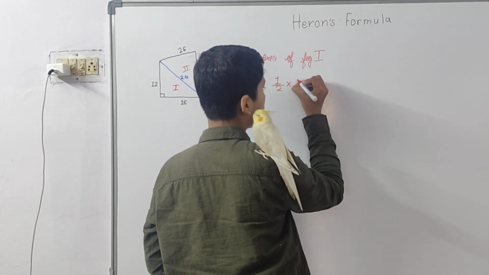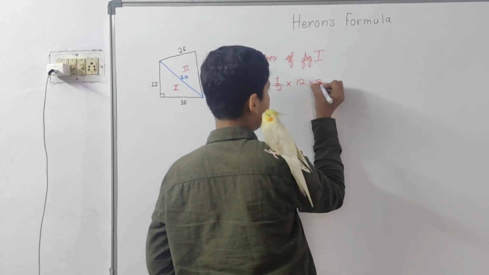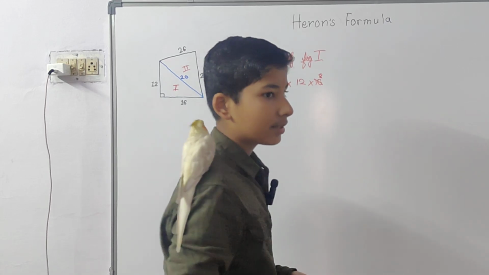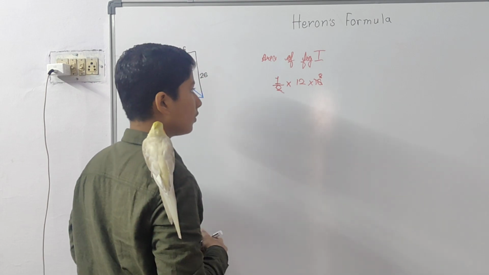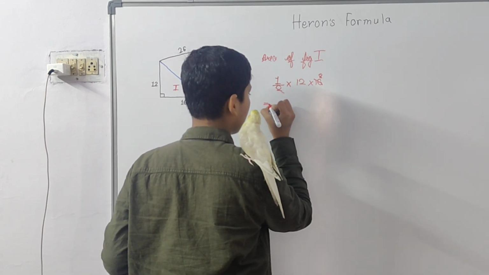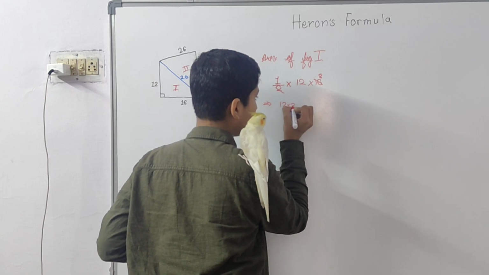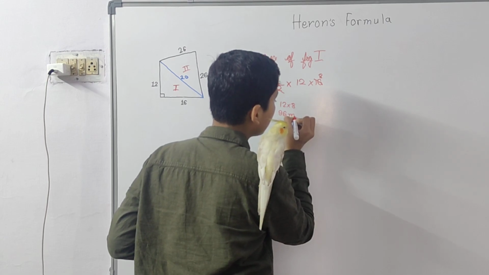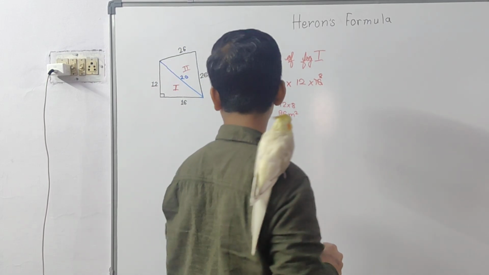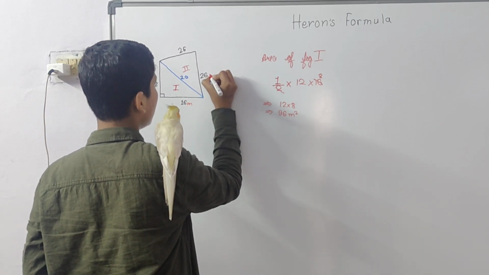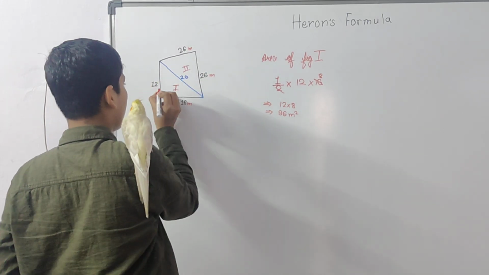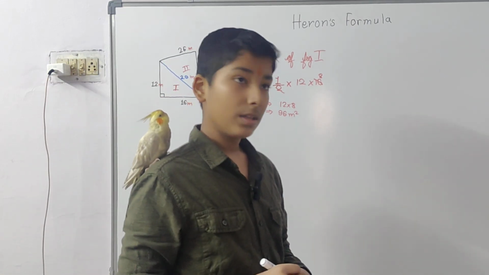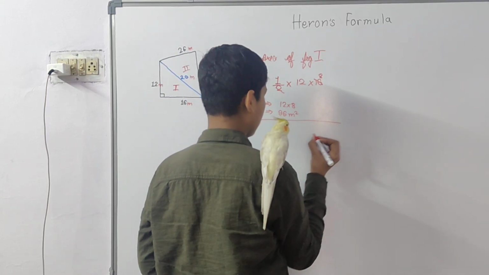Half into 12 into 16. 2 eights are 16, 12 eights are 96. So area of figure 1 is 96 meter square.